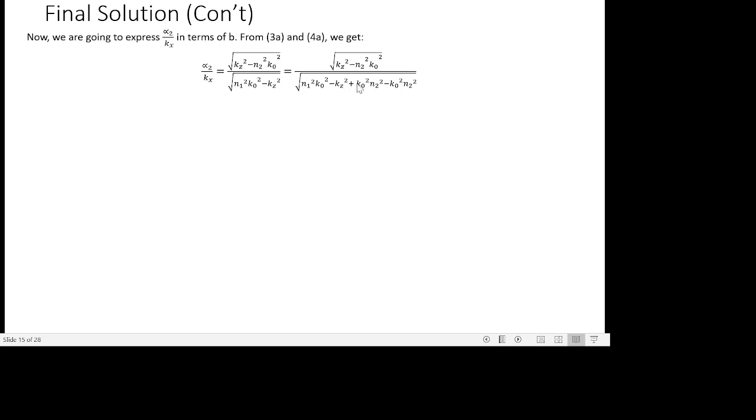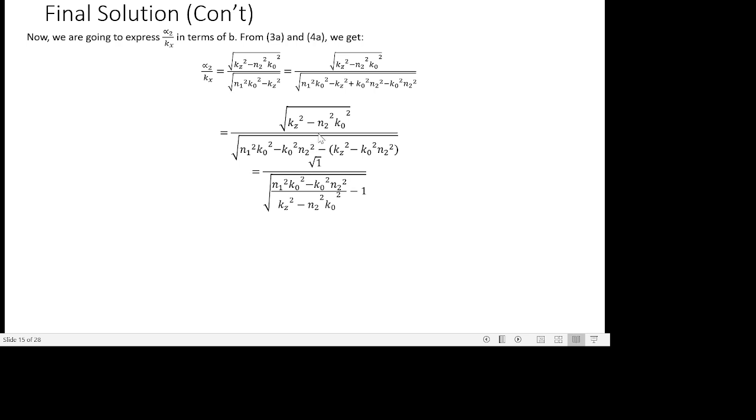So what we are going to do is to plus and minus k log square times n2 square, which is not going to affect the value of the bottom expression. So do a little bit of rearrangement and divide the top and bottom with the square root of this term. You get this one.